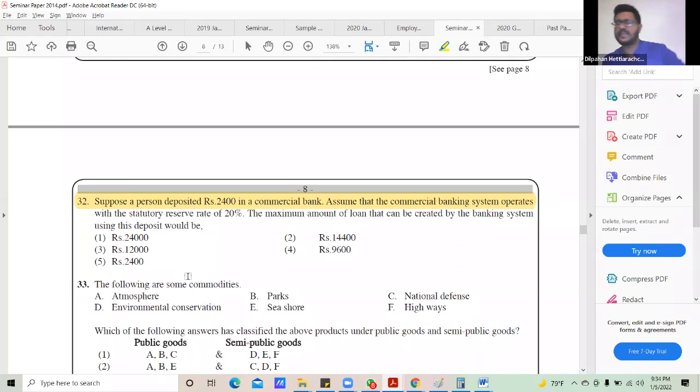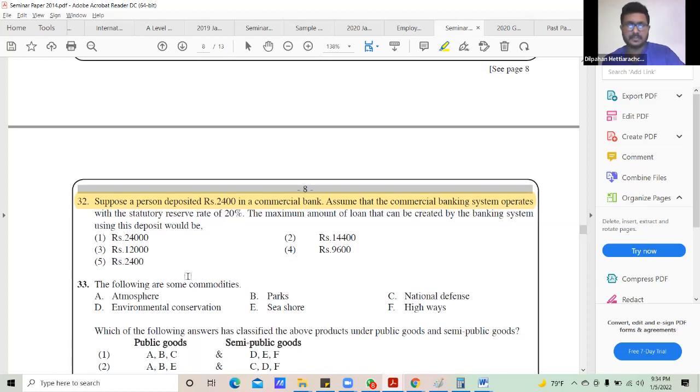In the three calculations we discussed, there were withdrawals. This is the first time we are talking about a deposit. One person, Chan Chung Ching, came into the bank and deposited some money. How much? 2,400.